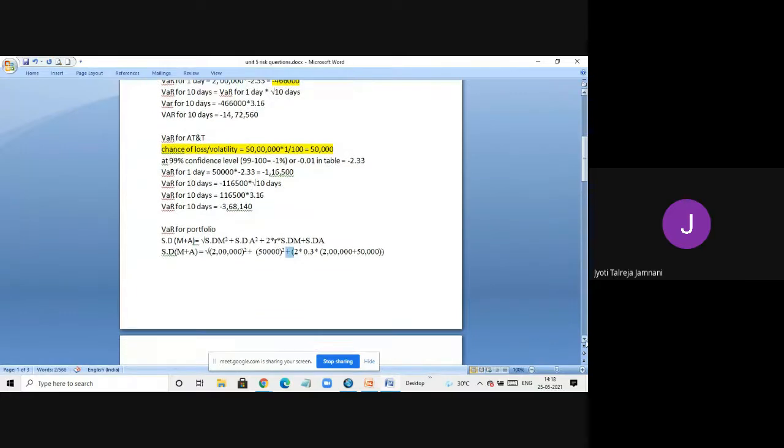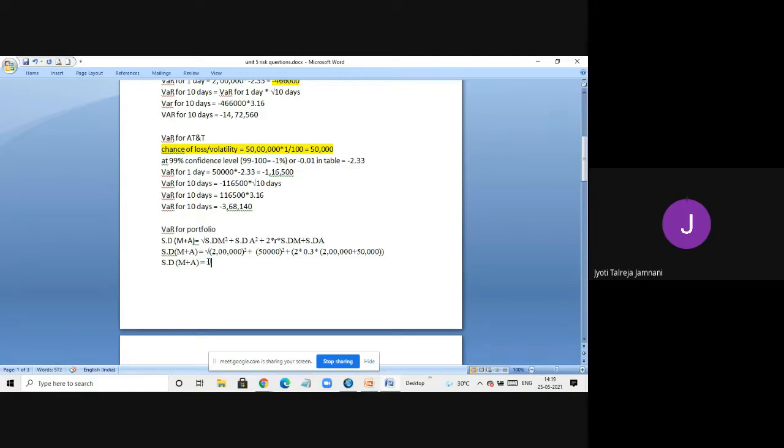Okay, so how to solve this? Standard deviation of M plus A, that is Microsoft plus AT&T, is equals to square root of, first you find the 2 lakh square.